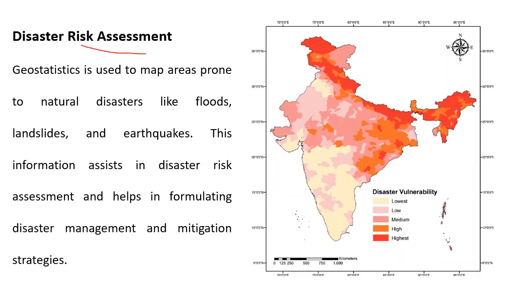Disaster risk assessment. There are different types of disaster. It may be a flood, a landslide, or an earthquake. So you can map the areas where flood may be possible based on the data. Sometimes the Indian Meteorological Department can give you information that after 2, 3, 4 days, rainfall may be very high.